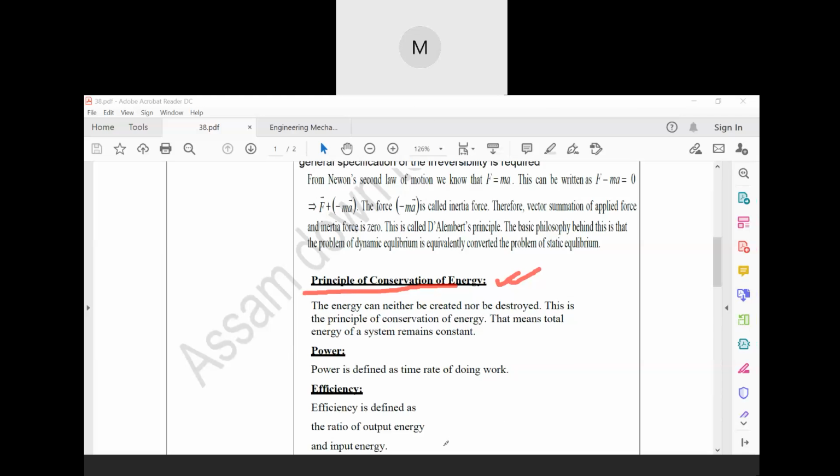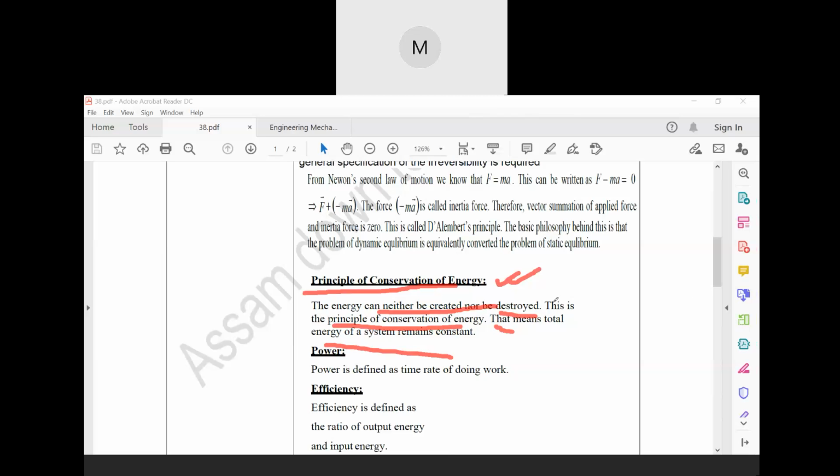As per the principle of conservation of energy, energy can neither be created nor be destroyed. That means the total energy of the system remains constant.